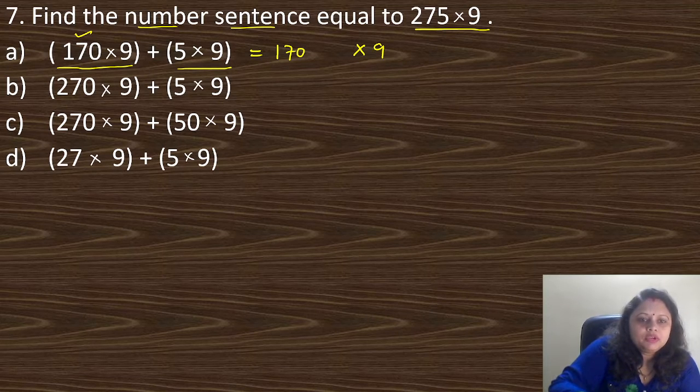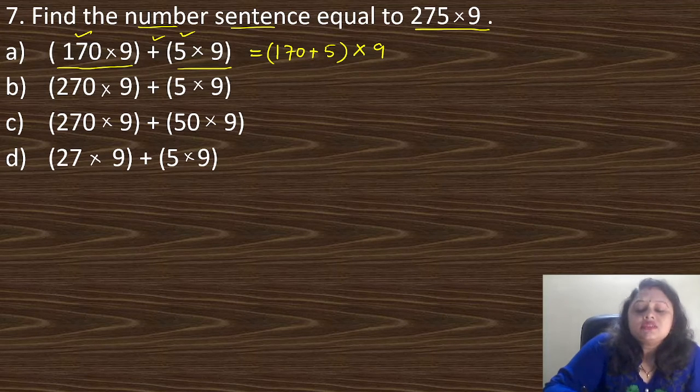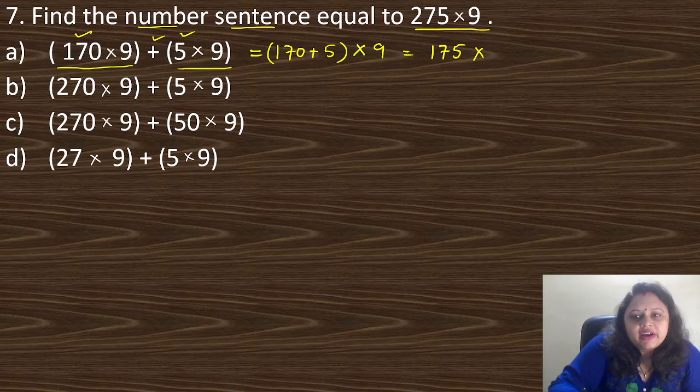And in between there is a plus sign, and here if we take out into 9, 5 is present. We have to keep them in brackets. So this is a rule of mathematics. Okay, 170 into 9 we are taking common, then we are left with 170 plus 5, that is equal to 175 into 9.